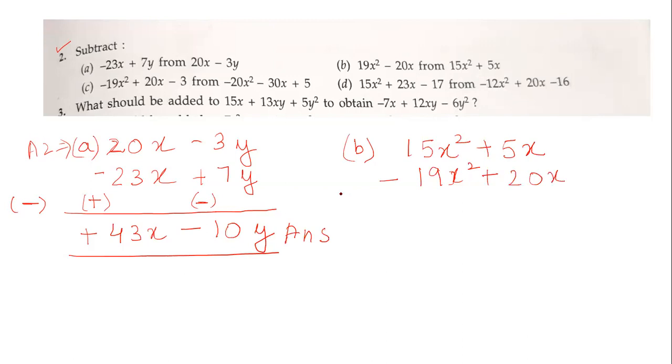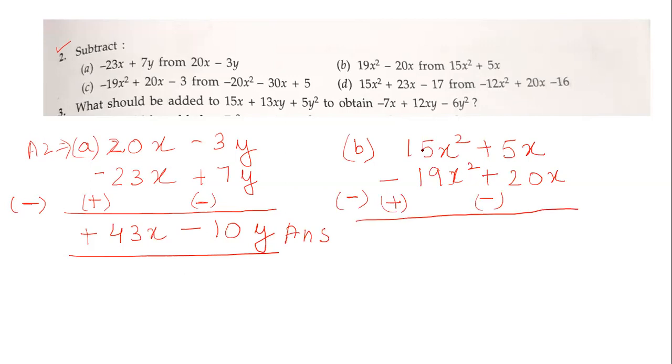अब हमें यहाँ पे सब्ट्रैक्शन मेन साइन है. अगर ये बाहर ब्रैकेट के सब्ट्रैक्शन होगा तो अंदर के साइंस चेंज हो जाएंगे. यहाँ पे माइनस है तो इट विल बी चेंज टू प्लस. यहाँ पे प्लस है तो इट विल बी चेंज टू माइनस.